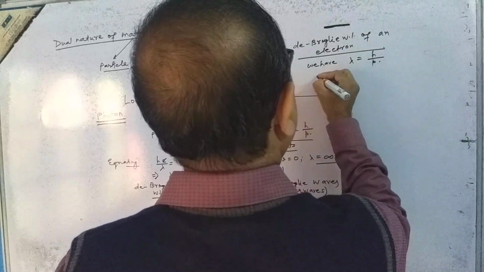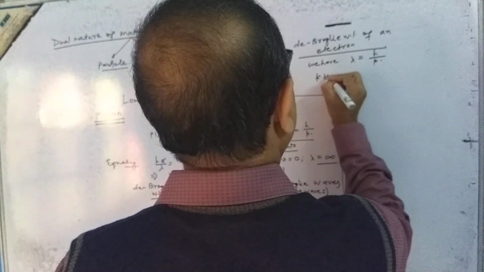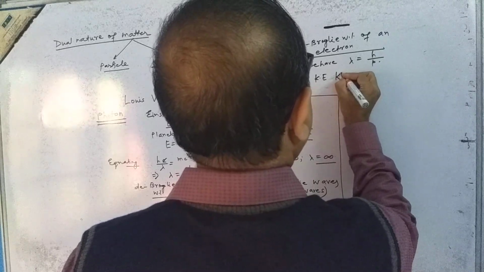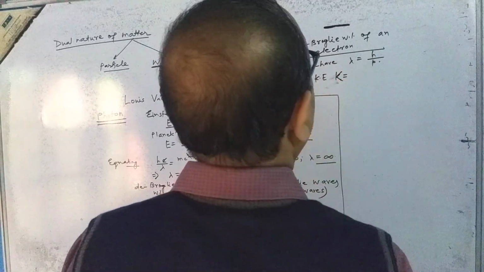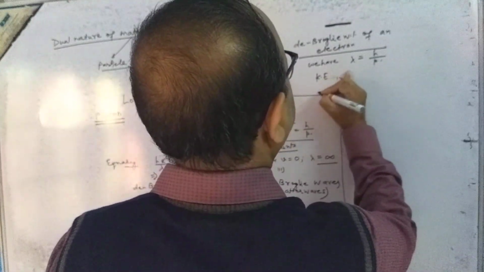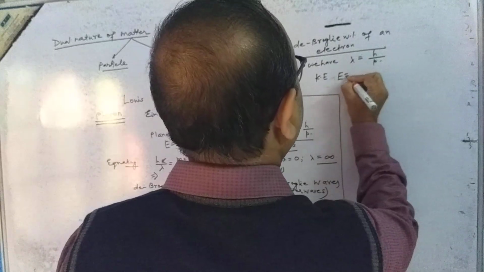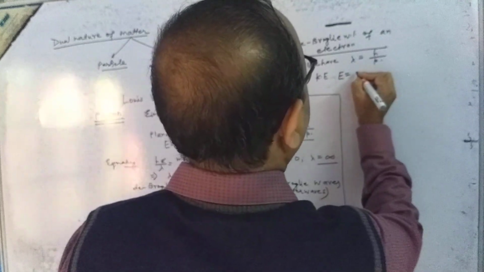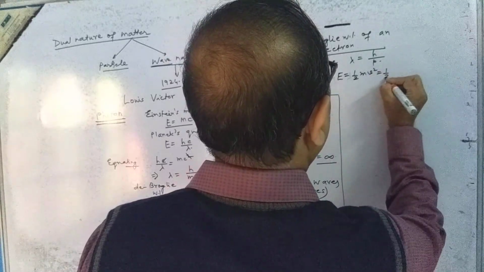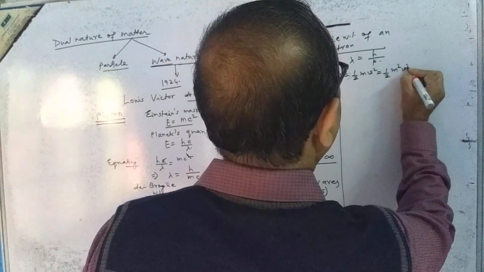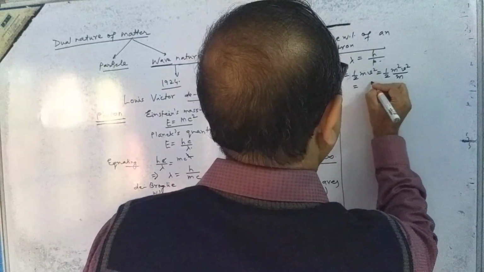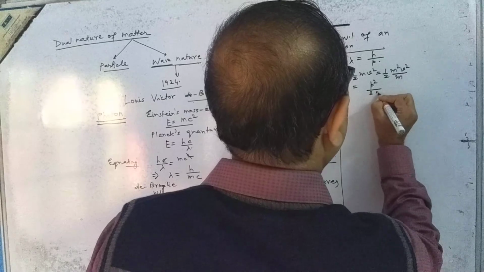Kinetic energy, capital E, is equal to half mv square, that is equal to half m square v square by m. So it is equal to p square by 2m.